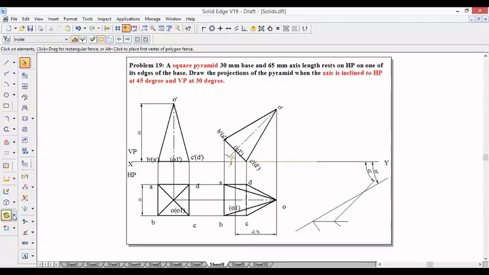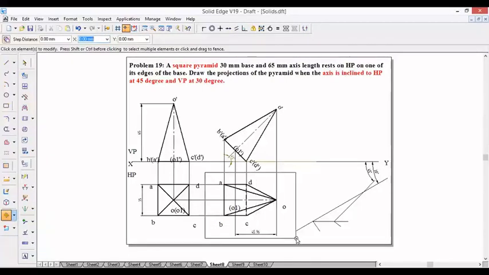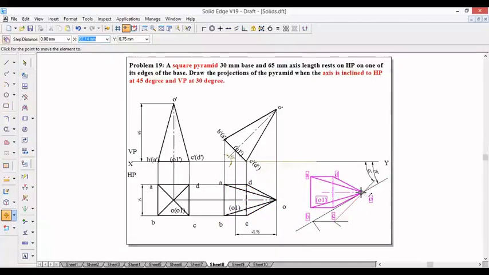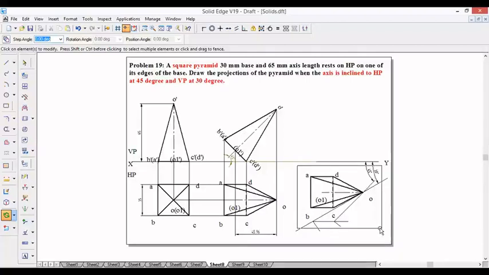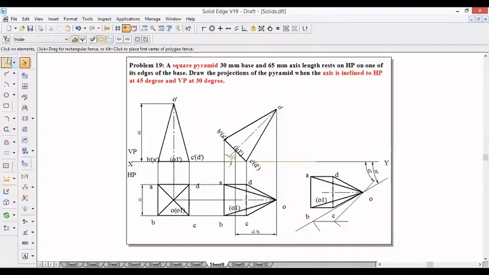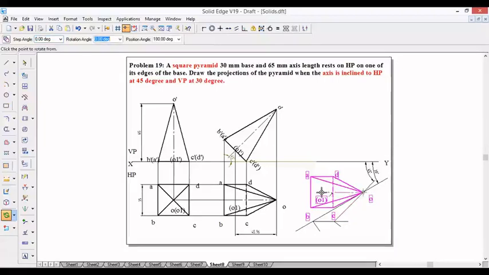Now we need to move the second position top view in such a way that this O will coincide at this point, and rotate it. Instead of selecting like this, I'll go for the select tool and select the entire thing. The construction of the locus need not rotate, it should stay there itself. I'll deselect those things and rotate in such a way that O1 will come on this apparent angle 45 degree line.